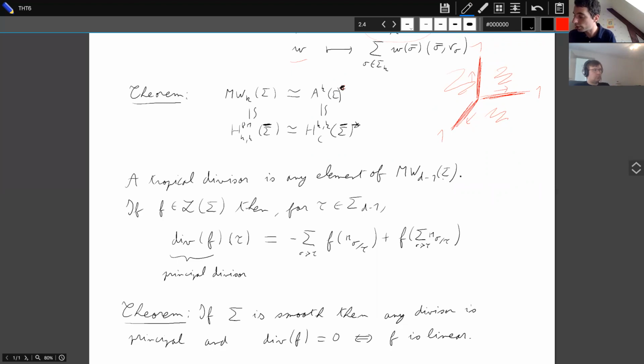Okay, so if you have a function which is piecewise linear, a priori you can define the principal divisor associated to F, and I define it like that. For instance, I have my function which is 0 here, 0 here, 1 here.